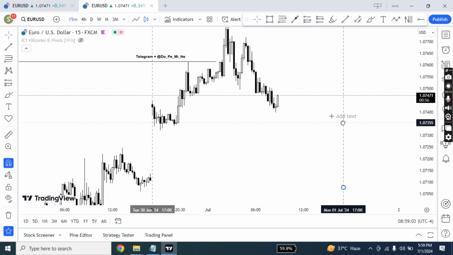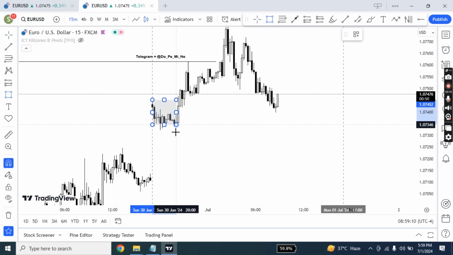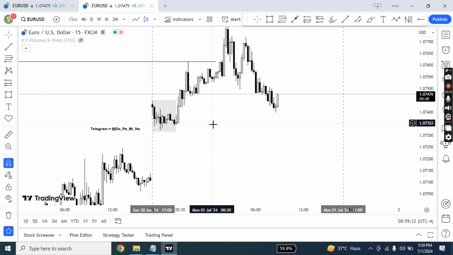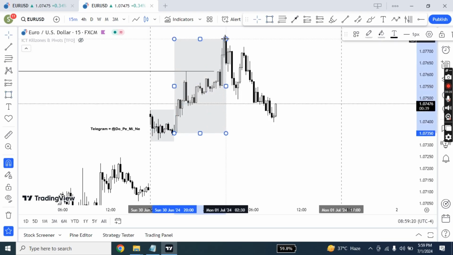Now again, based on the same logic as I said before in the first chapter, price straight away goes into what? It goes into a ranging profile. And then after the ranging profile, it has one possible outcome, which is an expansion or a manipulation. In this case we had an expansion, right?